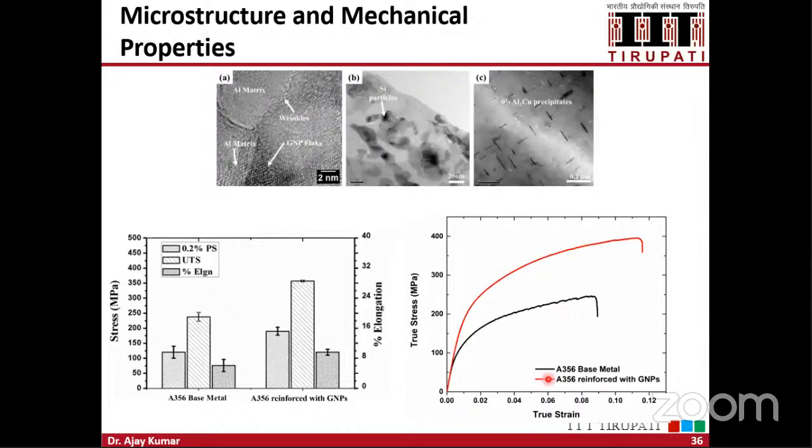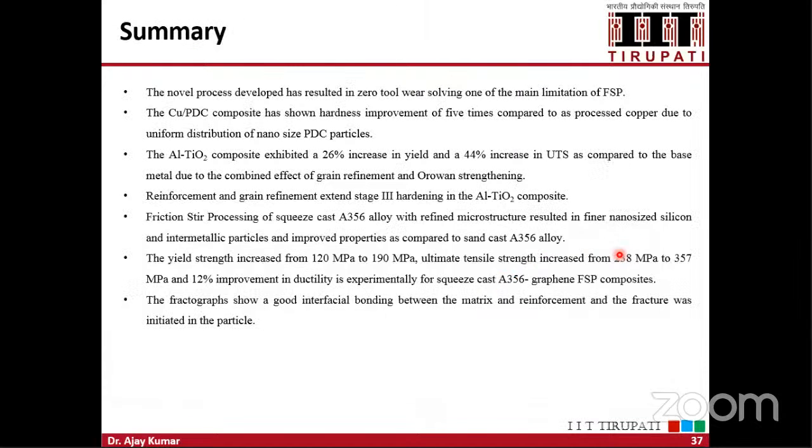Again, you can see here, this is the A356 reinforced with GNP, and this is the base material. So you can see there is an increment in the strength as well as the ductility and toughness of the material. So I have given you three real examples of how you can increase the mechanical properties, very crucial properties such as strength and toughness of composite materials, and they are very crucial for different applications in automotive and aerospace.